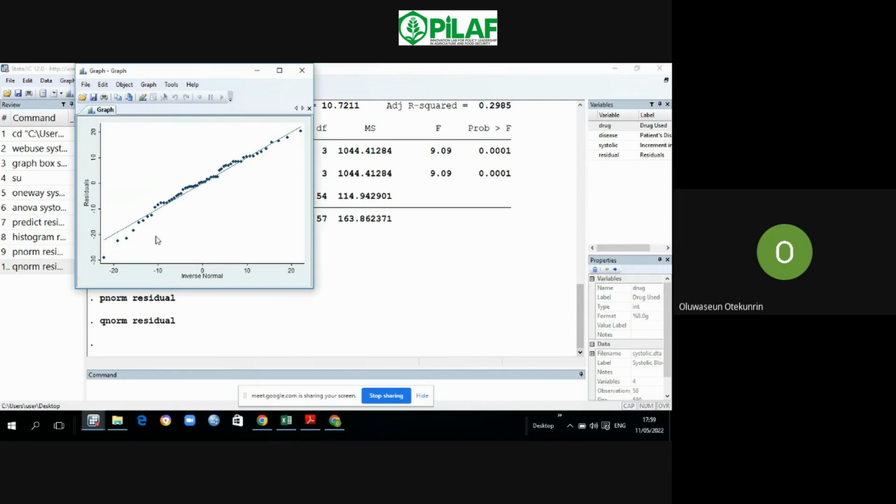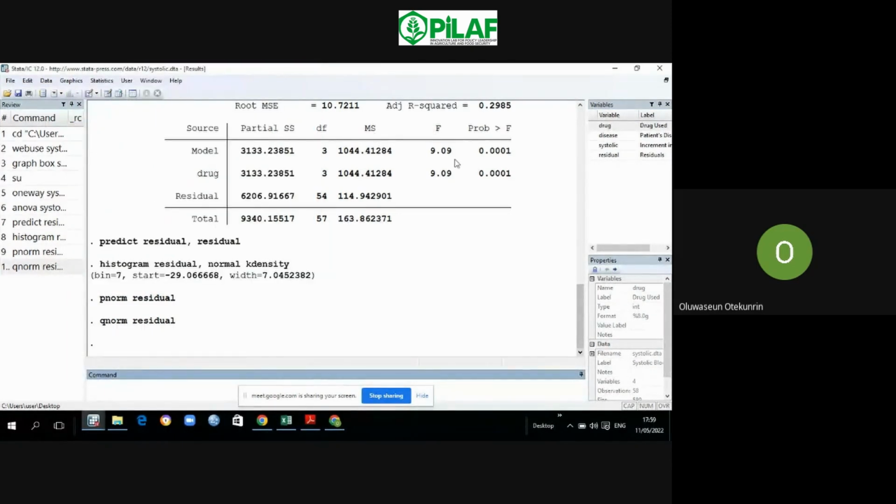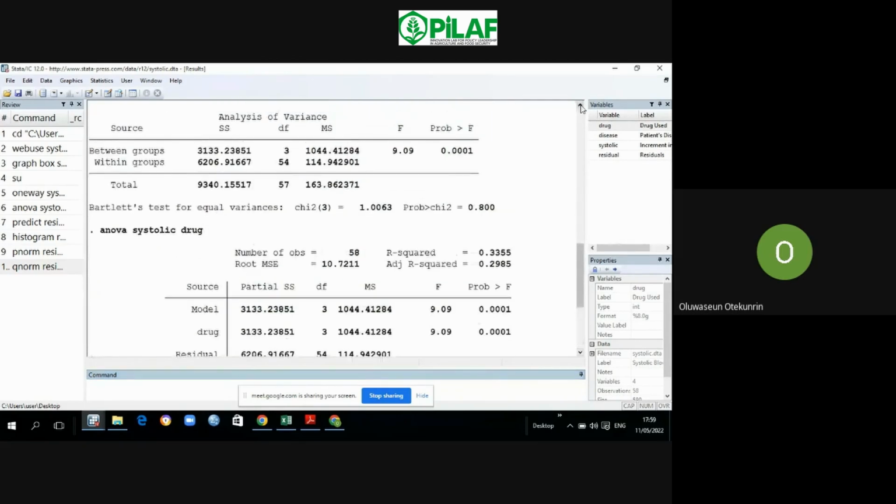The last assumption is that we should have homogeneity of variances, as in we should have constant variance. To check this, from our one-way ANOVA output, you see somewhere there they wrote Bartlett's test for equal variances.